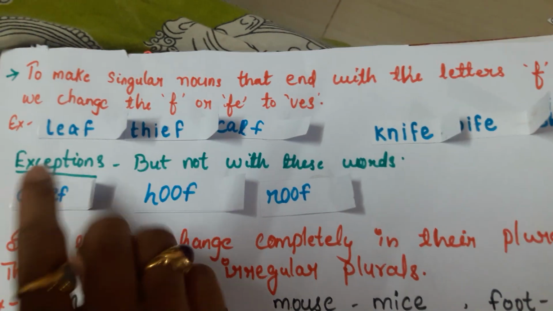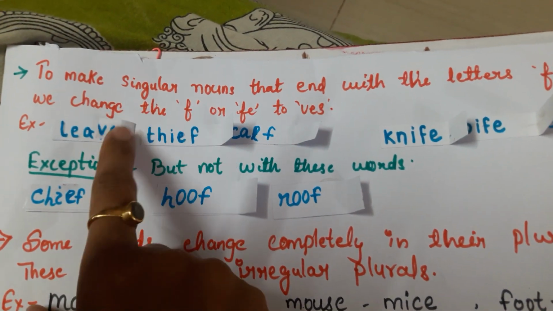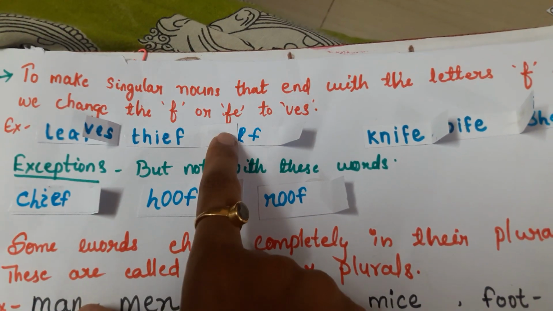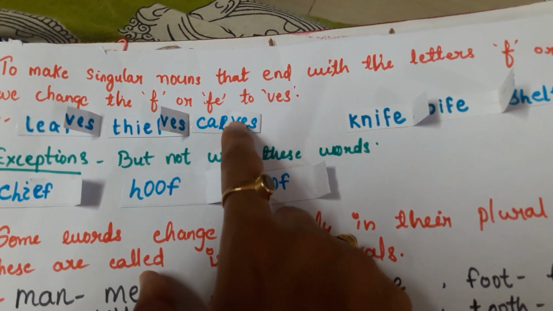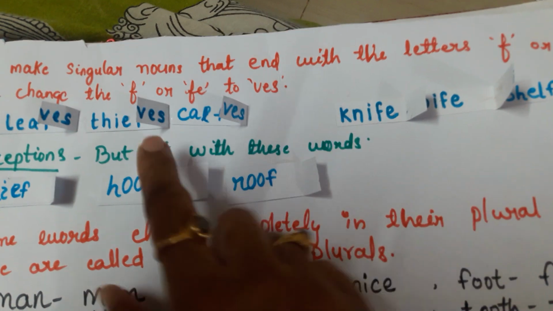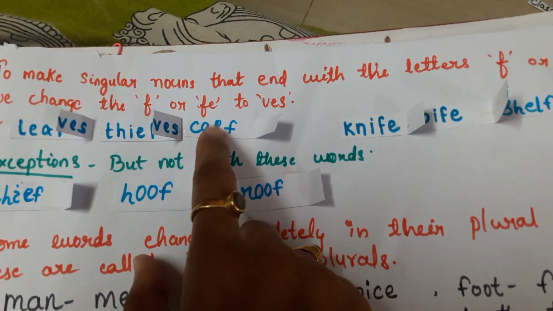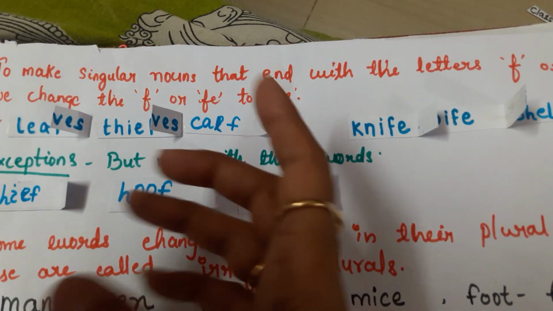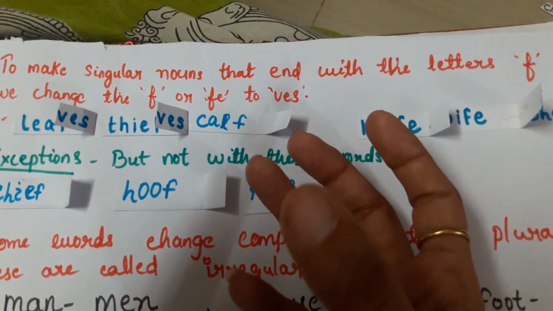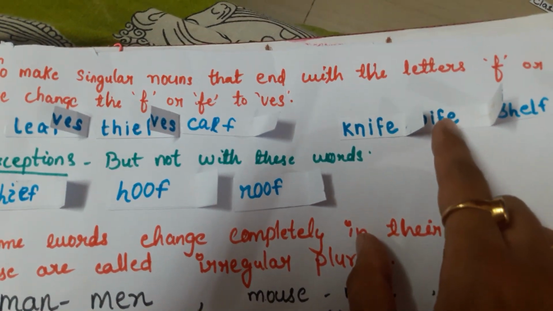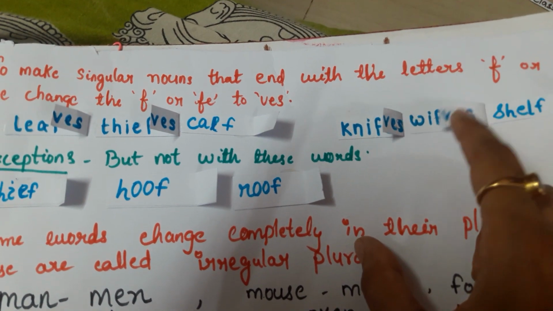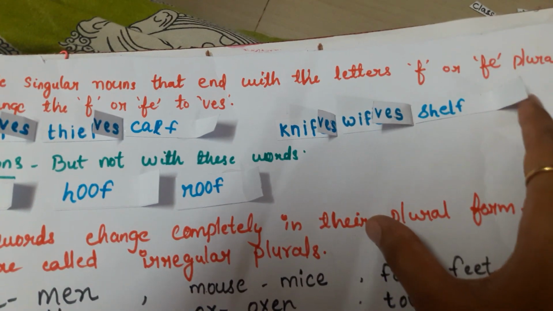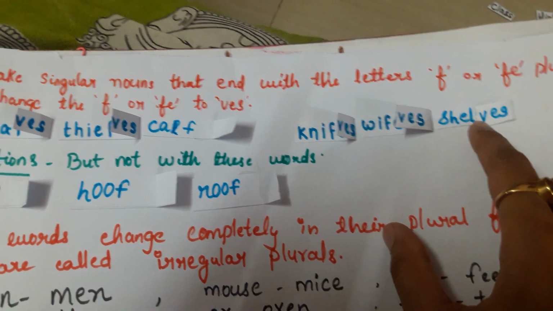For example, leaf, leaves, thief, thieves, calf, calves. Remember, this l is silent. In the same way, half, halves. Knife, knives. Wife, wives. Shelf, shelves.